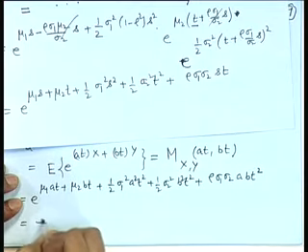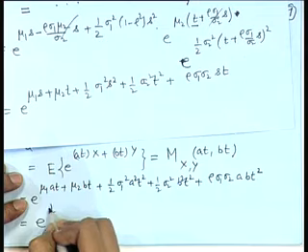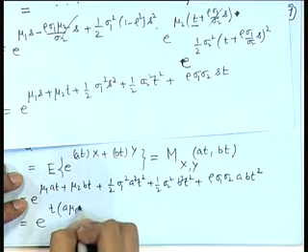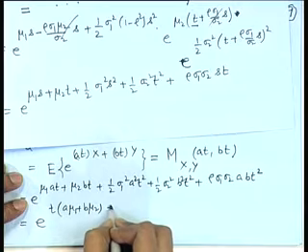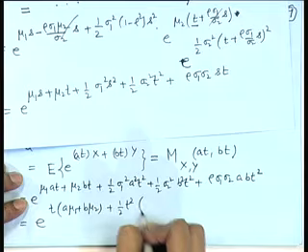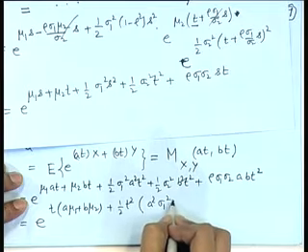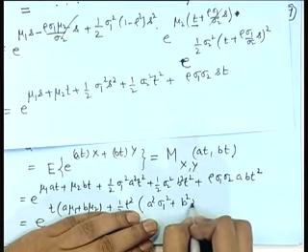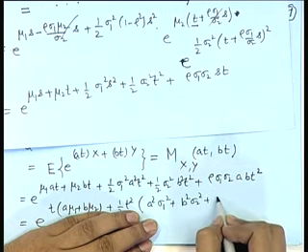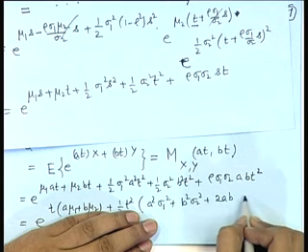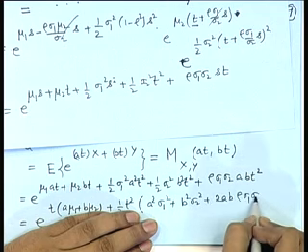So, after combining the coefficients, we get it as t(a mu 1 plus b mu 2) plus half t square (a square sigma 1 square plus b square sigma 2 square plus twice ab rho sigma 1 sigma 2).